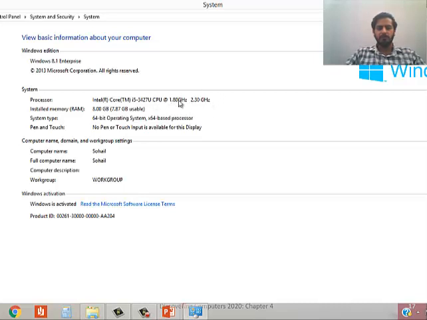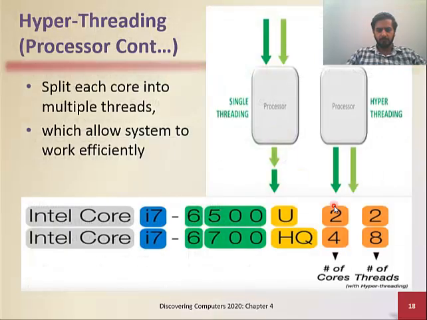That is the nominal clock speed, and that is the maximum clock speed. I can go towards 2.3 gigahertz of clock speed by using turbo technology. So that is coming in our next presentation. That is what we have to discuss in the processor attributes.